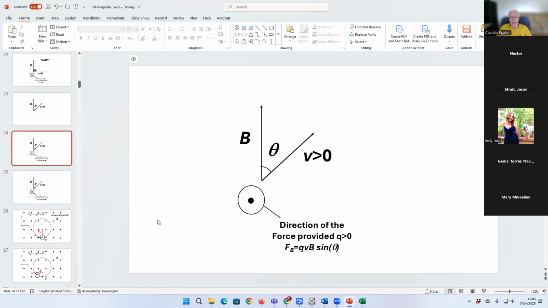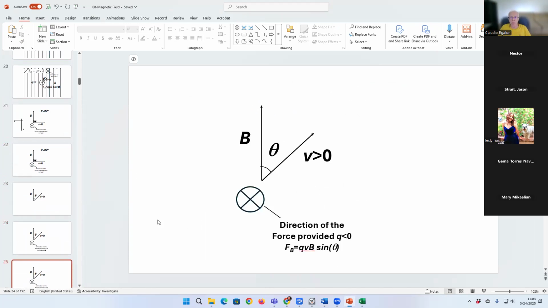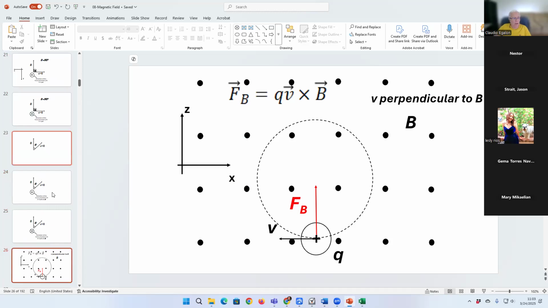Now we're looking at this situation through a different angle so you can see more clearly how the particle is going to move. Instead of looking at this angle, we're going to look from the top of this drawing, and from the top, the magnetic field is going to look like the following.